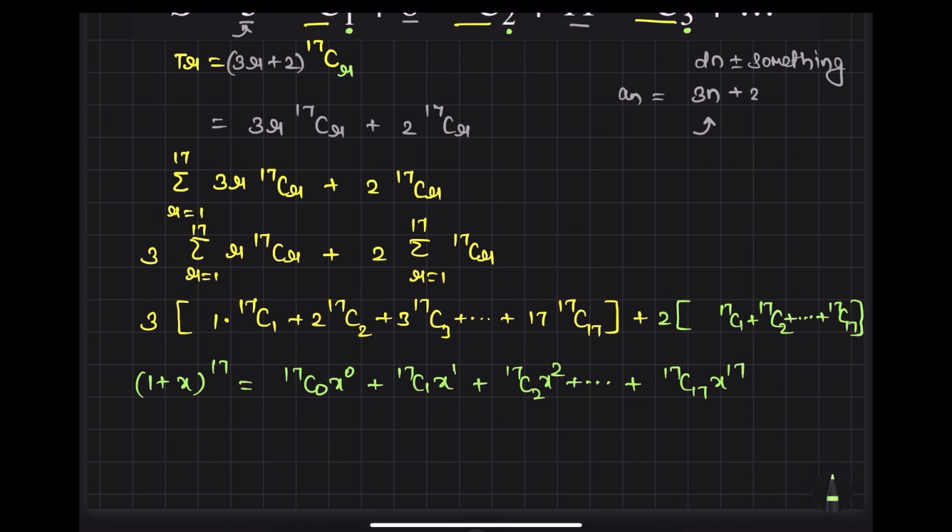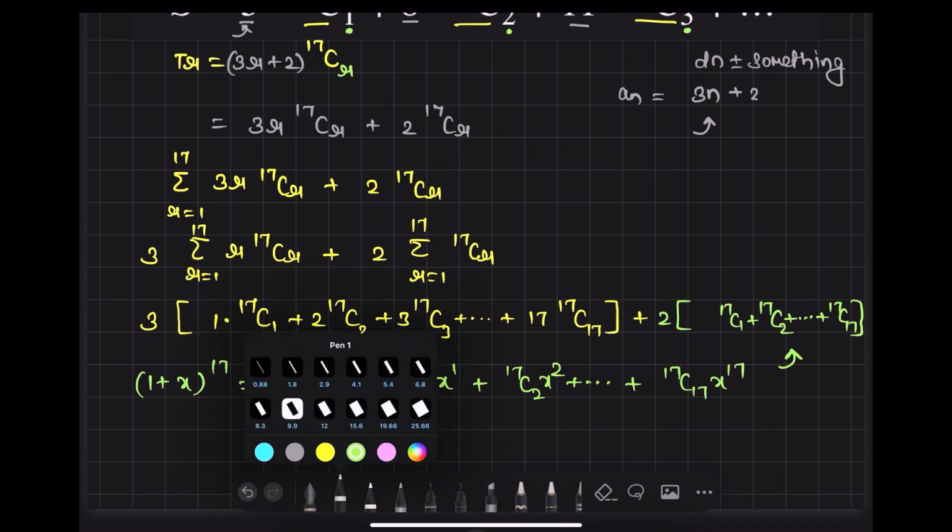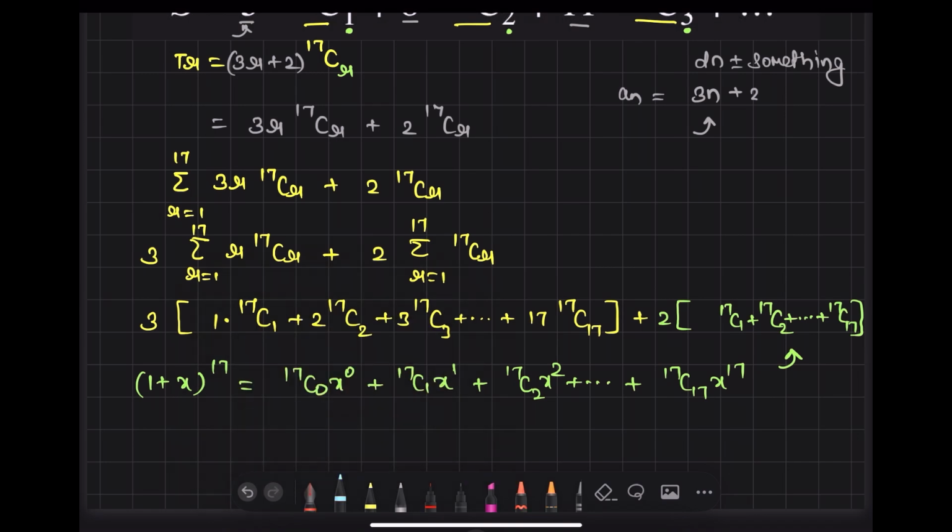Now look at this. Suppose that I want to solve this second thing first. We can solve both of them using one idea only. So suppose this is all binomial coefficient except 0. So can I replace x with 1?